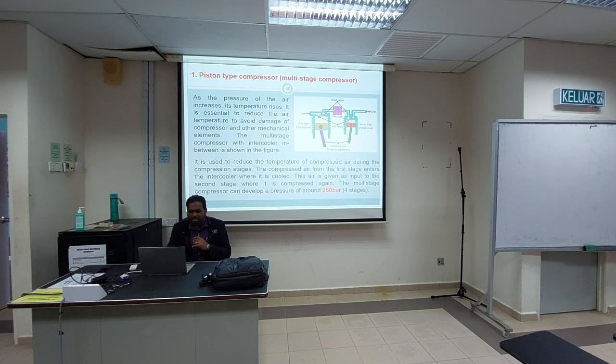So kalau you tengok the advantage of multi-stage compressor, tengok bar dia increase dari berapa tadi? Maximum 7. So increase ke 250 bars. So you tambah sikit dah boleh lawan hydraulic dah. So it depends. Tapi 250 bar ni 4 stages. Yang ni baru 2 stage. 4 stages can go up to 250 bar. So which is quite powerful lah. So you boleh buat more things using this 250 bars.